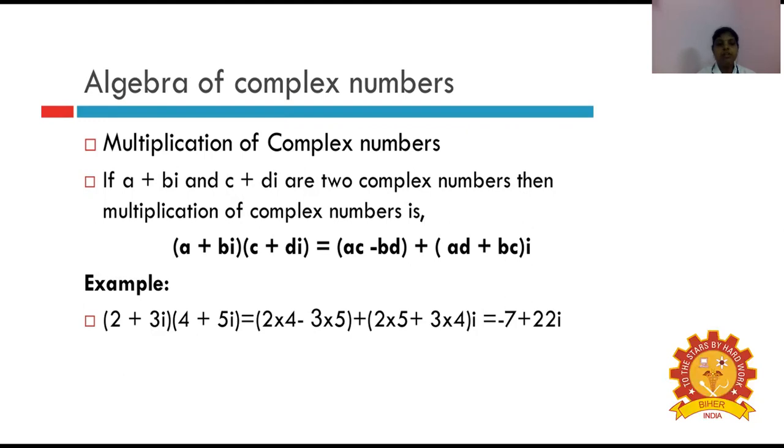For example, (2 plus 3i) into (4 plus 5i). First we multiply 2 into 4 minus 3 into 5, plus (2 into 5 plus 3 into 4) into i. Here in the place of a we have 2, in the place of b we have 3, in the place of c and d we have 4 and 5 respectively. So finally we get minus 7 plus 22i.